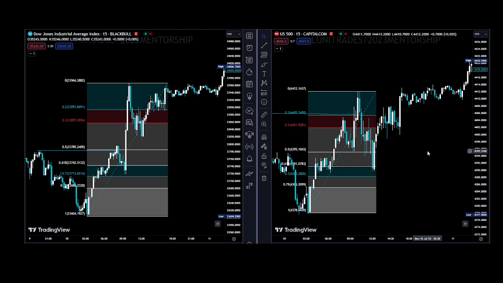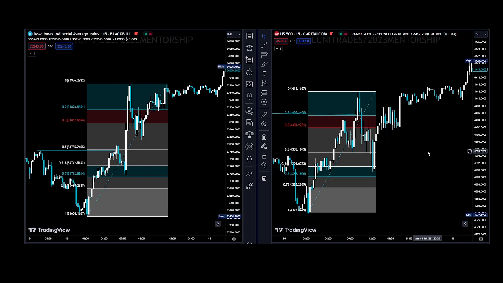So if you have a buy bias, so your bias is bullish for that day, you want to make sure Euro USD is also having a bullish bias. You understand? You want to make sure Euro USD will have a bullish bias.